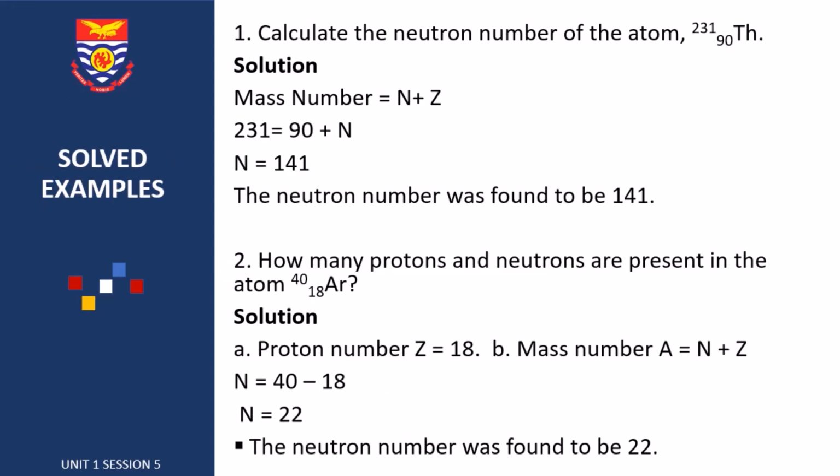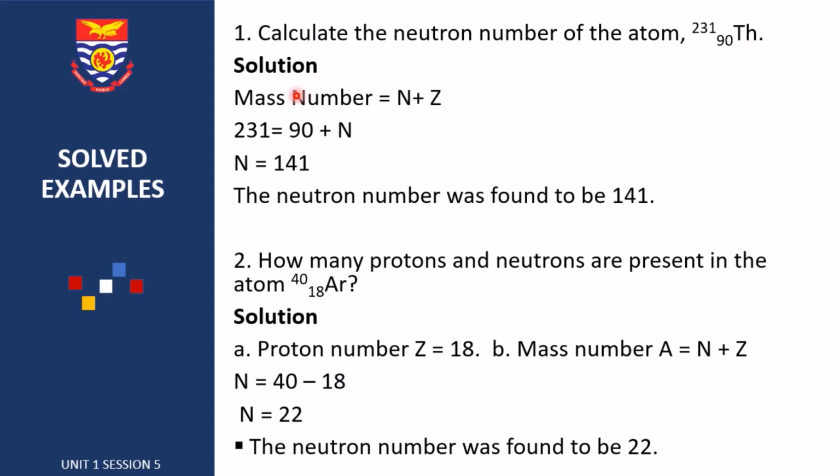Let us look at a typical example of a question on the atomic nucleus. We have a question which says we should calculate the neutron number of the atom. This is thorium, with mass number of 231 and atomic number of 90.